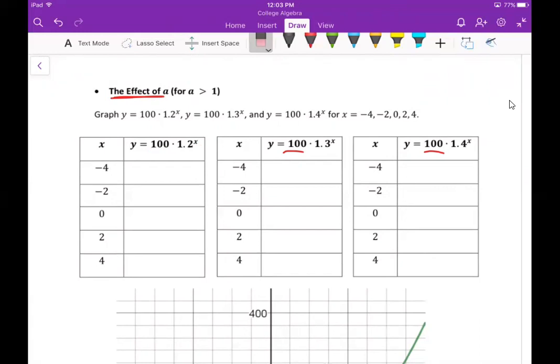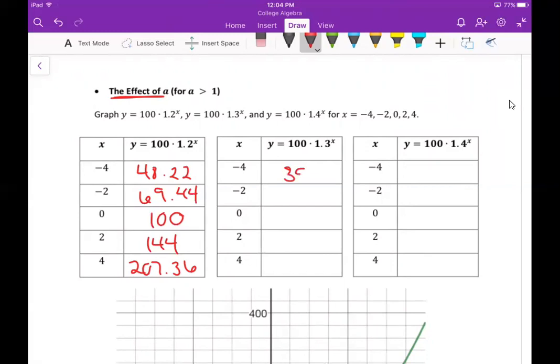Okay, so go ahead and pause, see if you can get these numbers, and I'll fill them in here too. So you should have gotten, you'll have to do a little bit of rounding, 48.22 here, 69.44 here, 100 when you plug in 0, 144 when you plug in 2, and about 207.36 when you plug in 4.